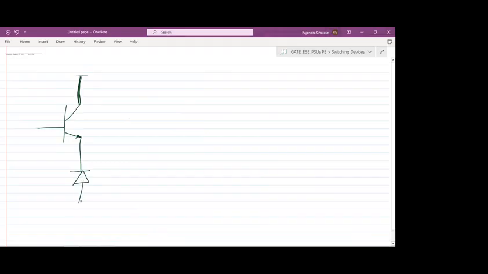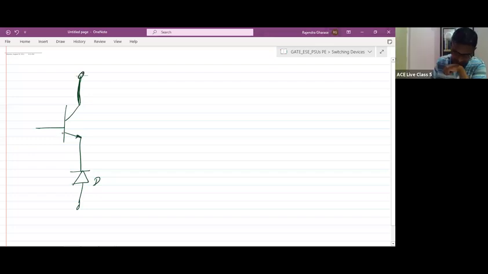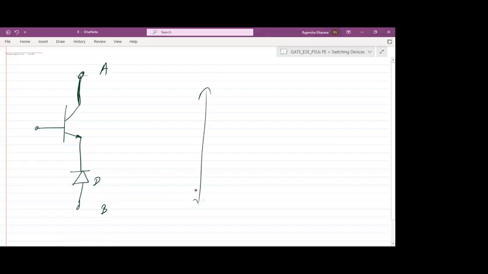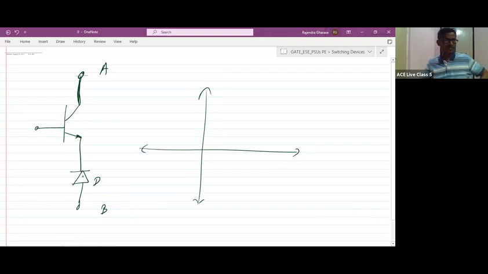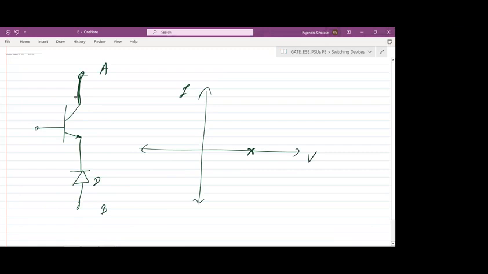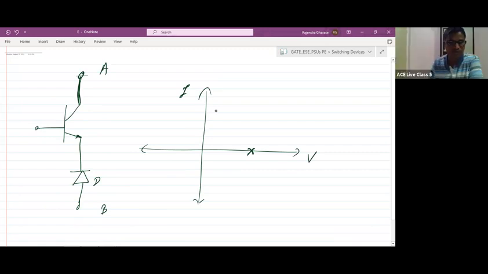What is the position of this with the SOA? Like this, right? So this is like your A and B. So your SOA will be like this. Let me write V for the switch voltage and I for the current. When the BJT is in an off state, the forward voltage will be blocked, but the forward current will not flow.